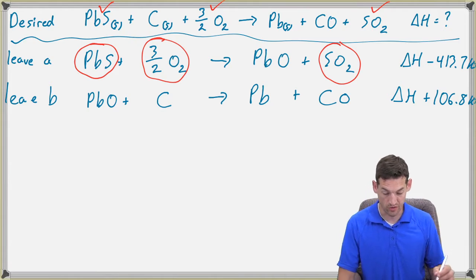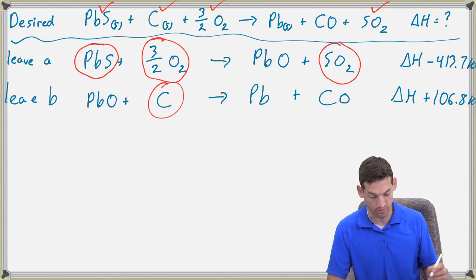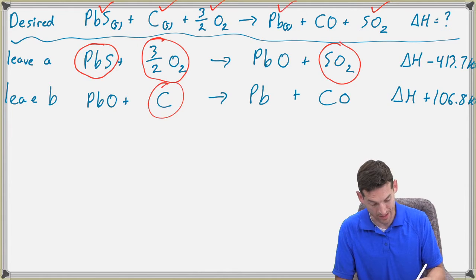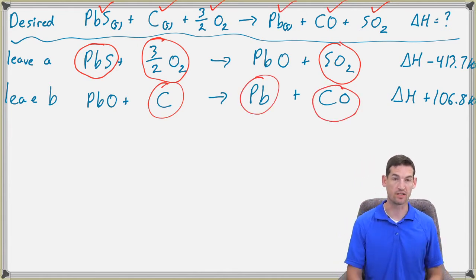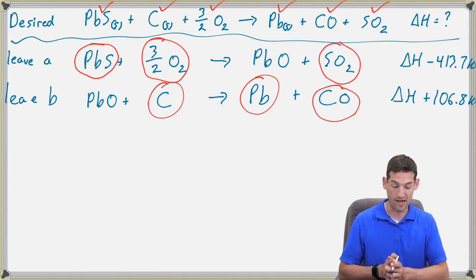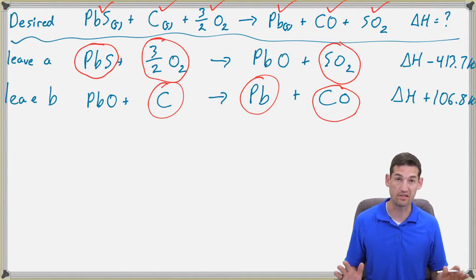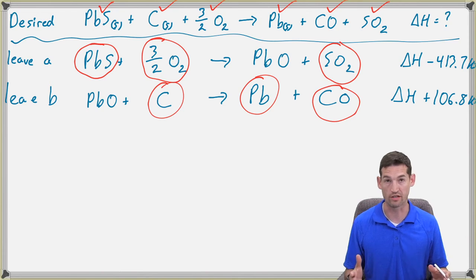All right, and this one I've checked off my carbon, I check off my lead right here, and I check off my carbon monoxide. So at this point, I have found all the pieces that I need to make the desired equation. They're all here.